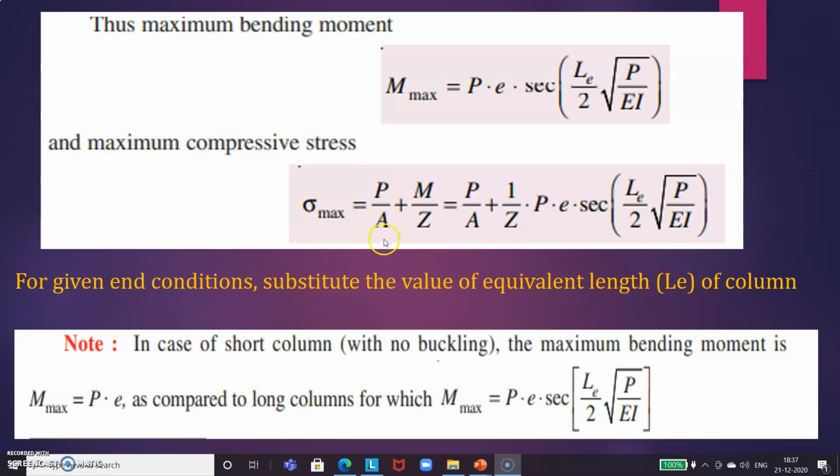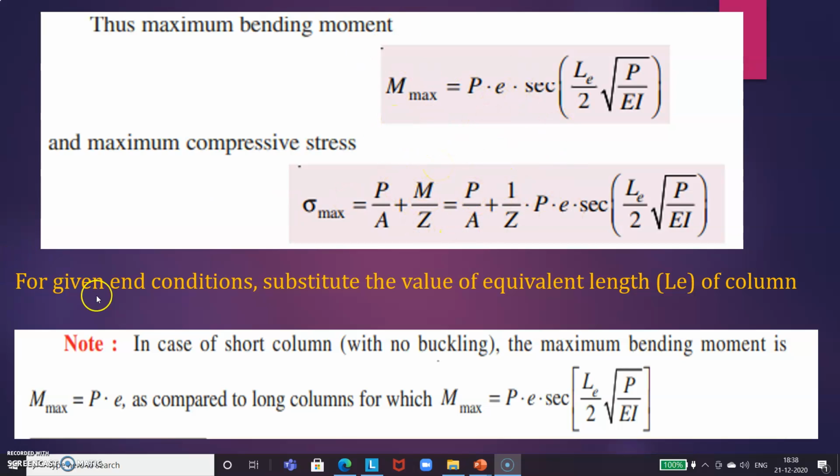So maximum compressive stress is given by this formula, that is sigma max equal to P divided by A plus M divided by Z. So here, when we substitute M in this equation, P divided by A plus, M is equal to P e secant of Le divided by 2 square root of P divided by EI, divided by Z. Okay, so this is the formula you have to remember.